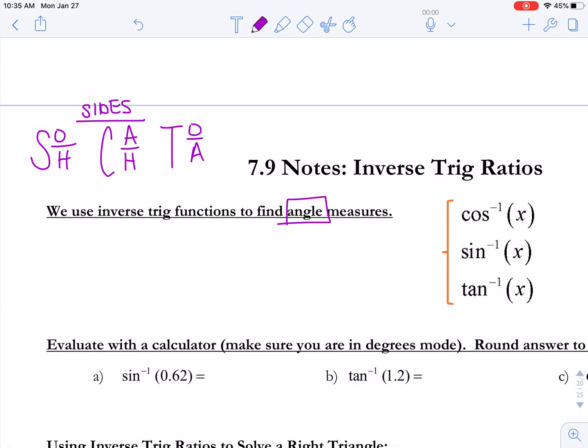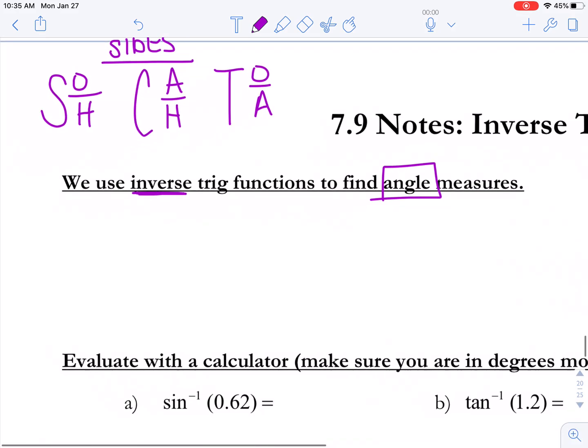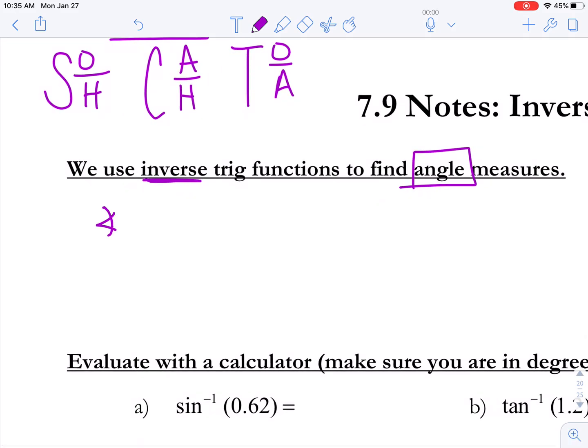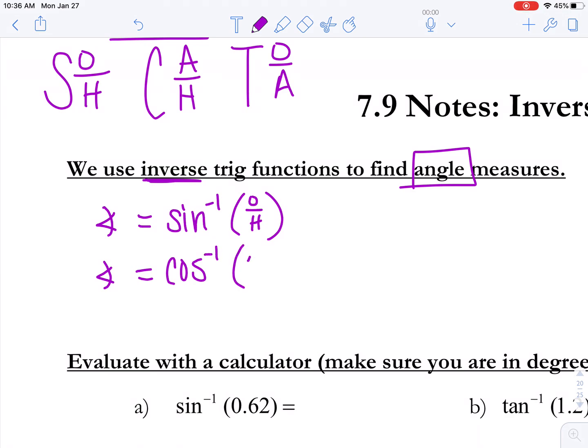And what we're going to use are the inverses of these trig functions. So in order to find an angle within a right triangle, we're going to do the inverse sine of the opposite over the hypotenuse. Or, depending on what sides we're given, we can use the inverse cosine of the adjacent over the hypotenuse.